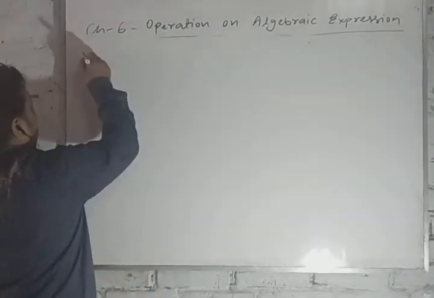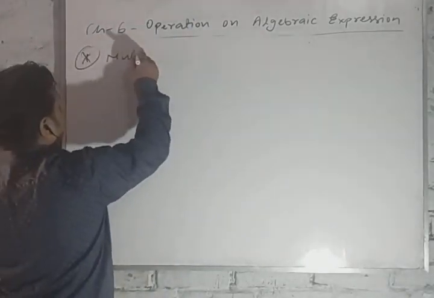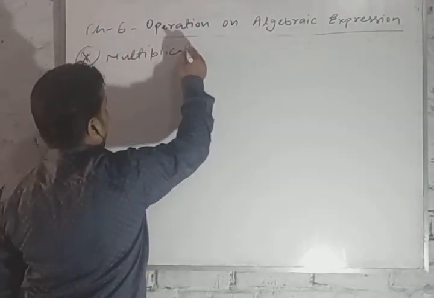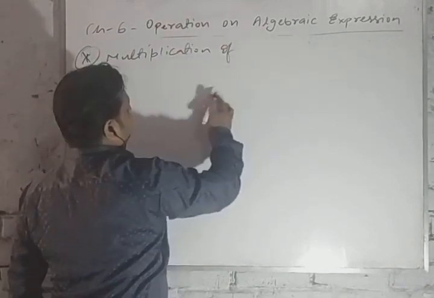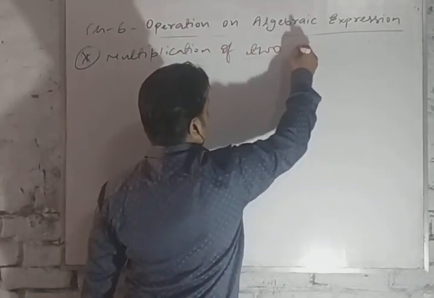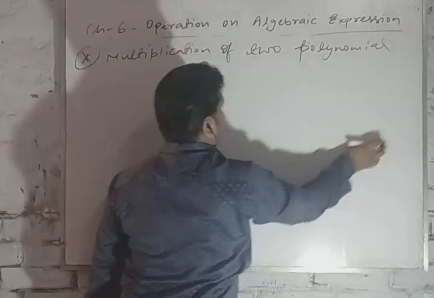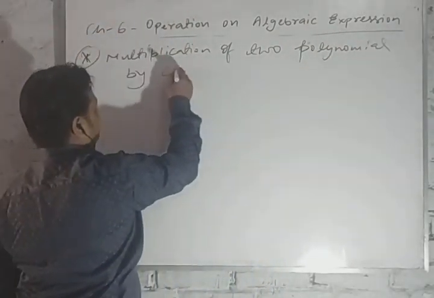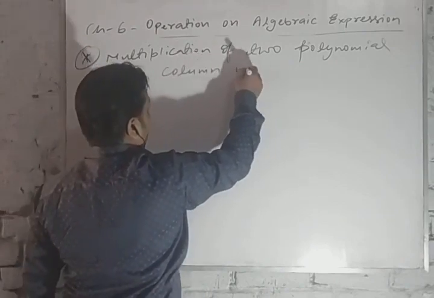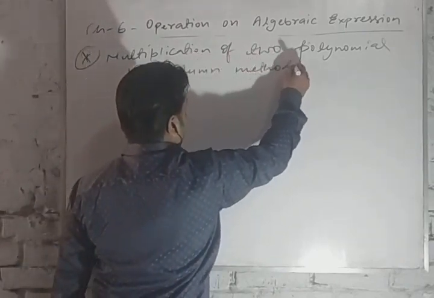Now the multiplication of two polynomials by the column method.